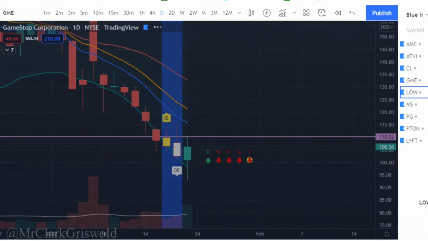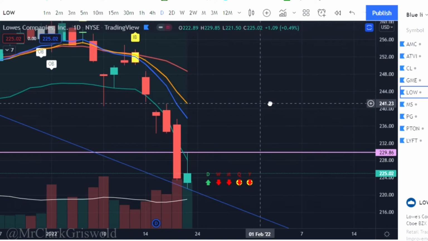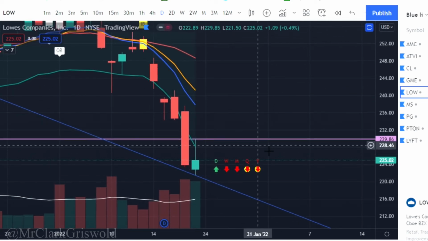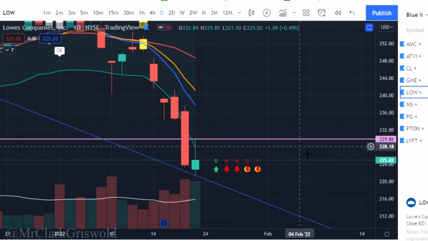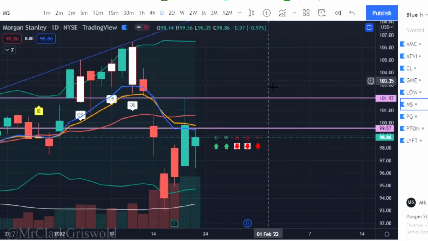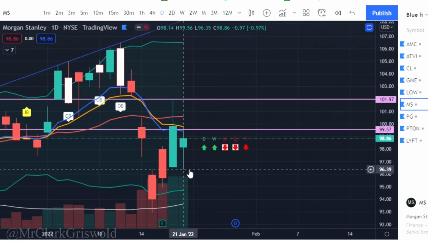Next up, LOW, Lowe's Company. Same thing as GME. We have a 2 down, but it's green, so we can look for a reversal on this one at 229.86. We'd be buying calls. MS, Morgan Stanley. We have a 2 down, and it's green again.